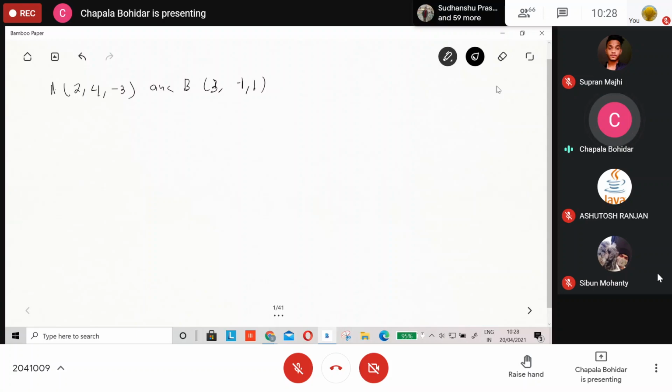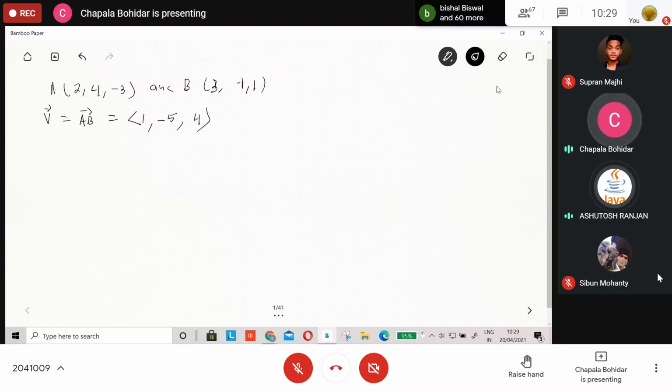Find the parametric equations and the symmetric equation of the line that passes through the points A and B. So now our vector v is equal to vector AB, which is (3 minus 2, -1 minus 4, 1 minus (-3)), that is (1, -5, 4).